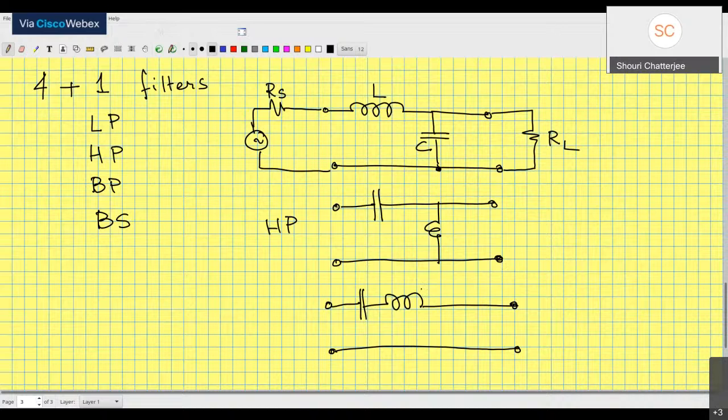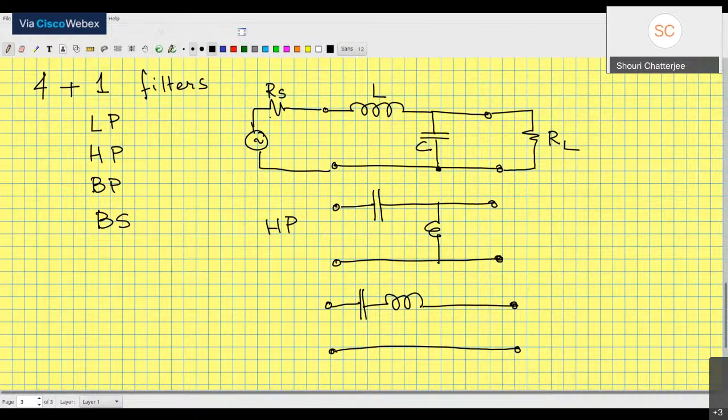Now, with one inductor, one capacitor, it's possible to build all five of these. I'm not sure about the all pass. We'll see the all pass just now. All pass, I don't think it's one inductor, one capacitor. You need two inductors and two capacitors.